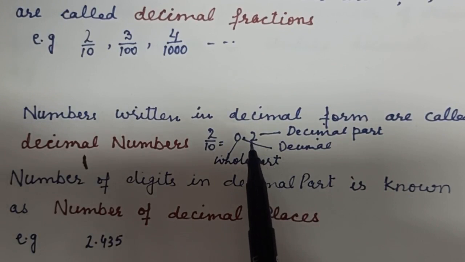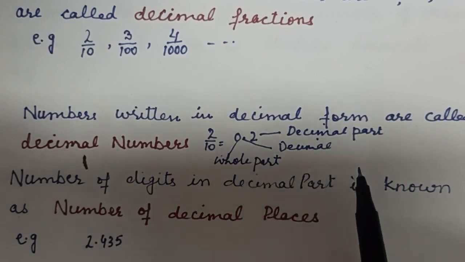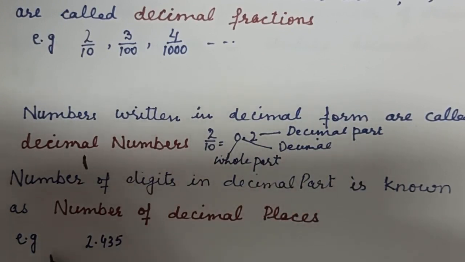As I told you, here 2 is the decimal part. So if we take an example 2.435, after the decimal there are 3 digits. So what will be the number of decimal places here? 3, because we have 3 digits after the decimal. So the number of decimal places is 3 here.